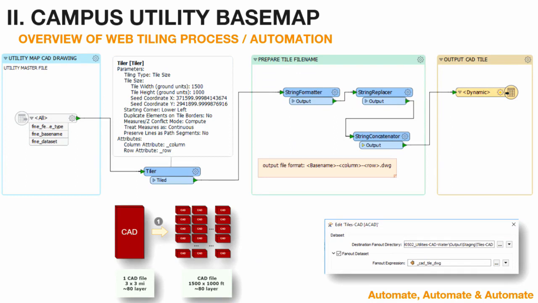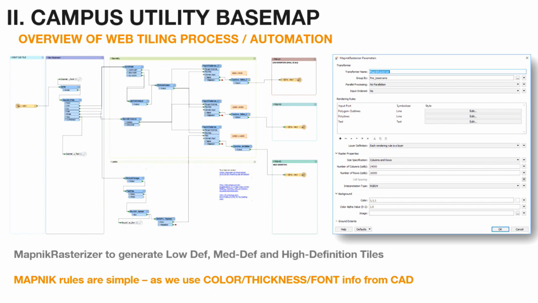So we used FME to basically do the chopping, and I think Chopper was the transformer that he used, to prepare all the different tiles and output all those CAD tiles. Within FME, it utilizes Mapnik.